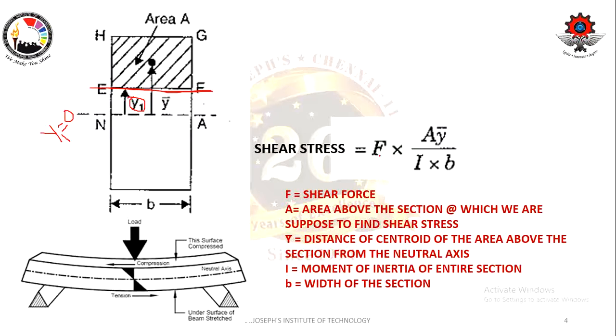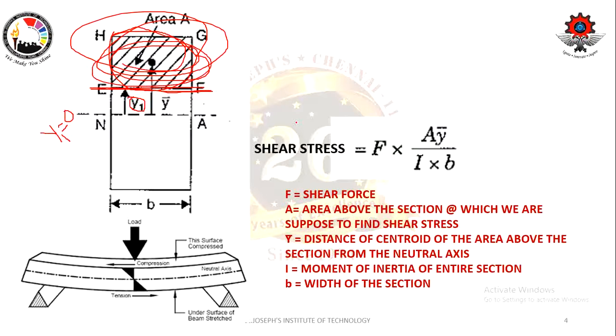For that, A denotes the area above the section at which we are supposed to find the shear stress. That is, we are going to find the shear stress at this junction. A is the area of this section above that particular junction. This entire area we are supposed to find out.